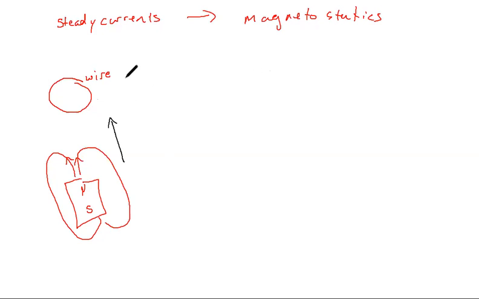So this is encapsulated in something called Faraday's Law. And the statement is the following. I'll write the formula and explain it. When this current flows, there has to be an EMF around the loop.